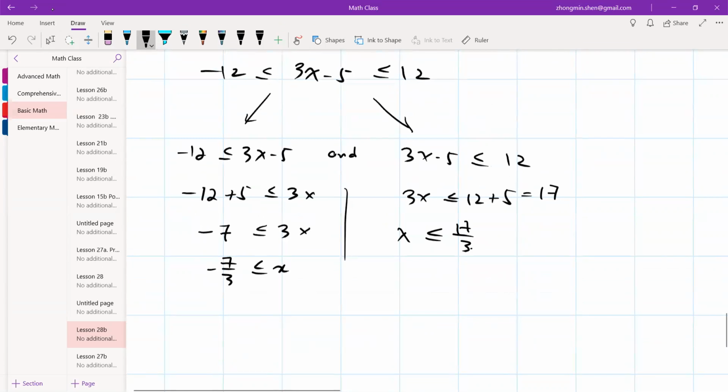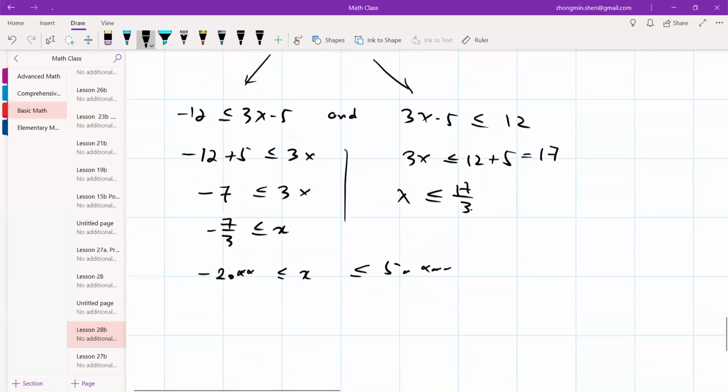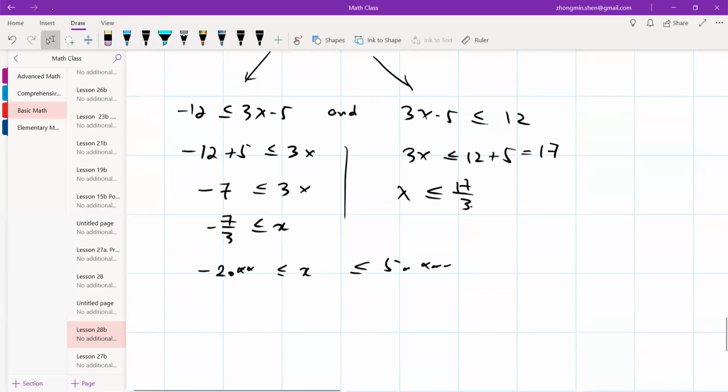All right, so we have to be careful about this. Here it's -2 point something less than or equal to x, and this side is going to be 5 point something, right? So we have an integer that must be between those two numbers.